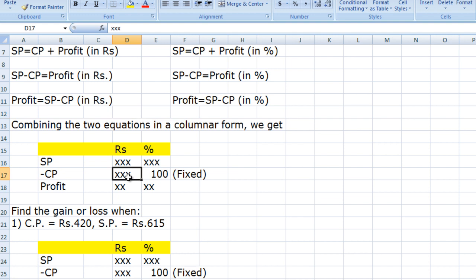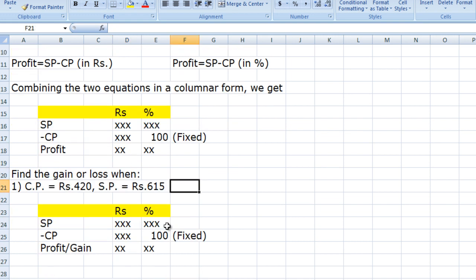We are now moving to the first situation. Find the gain or loss when CP is equal to 420, SP is equal to 615. So we are copying the same format and substituting what is given and what is to be found out.